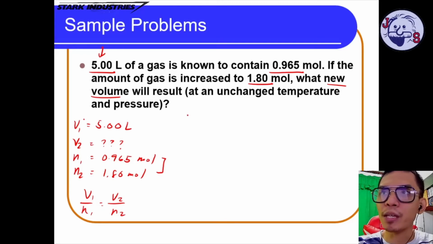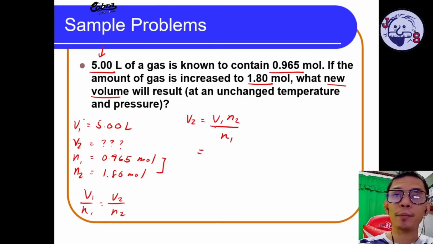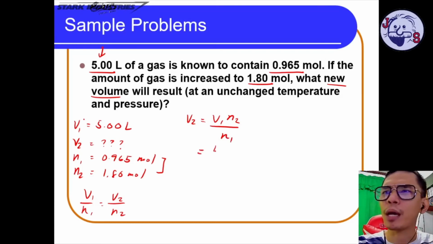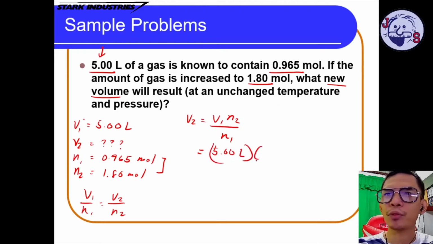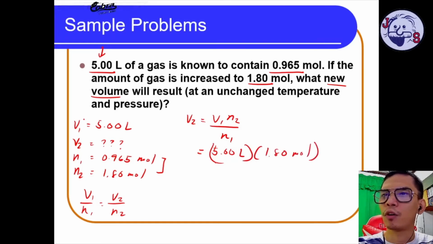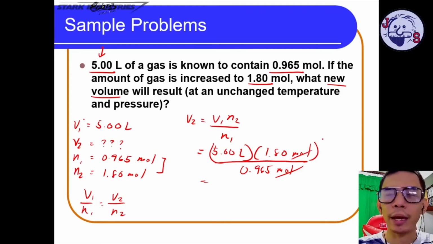Since V sub 2 is missing, this is the formula that we are going to use: V1 times N2 over N1. Now, let's plug in the variables from our data. We have 5.00 liters times N2, 1.80 mole, over 0.965 mole. The moles cancel.